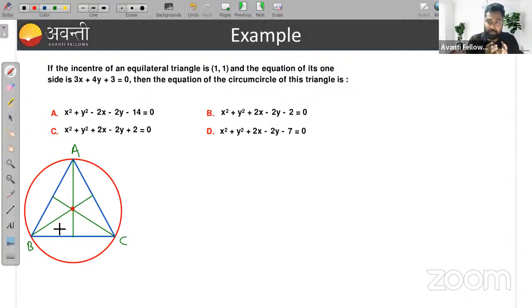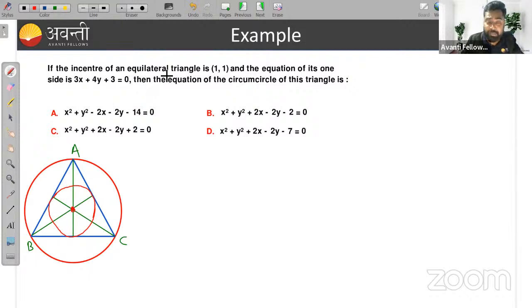If I inscribe the circle inside the triangle, then it is known as the incenter.